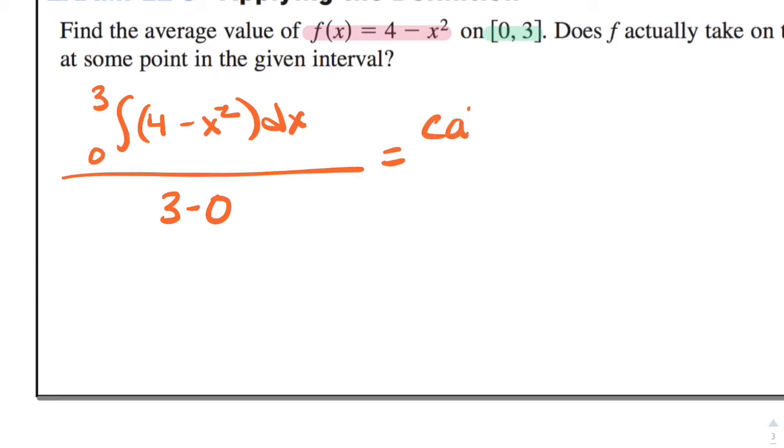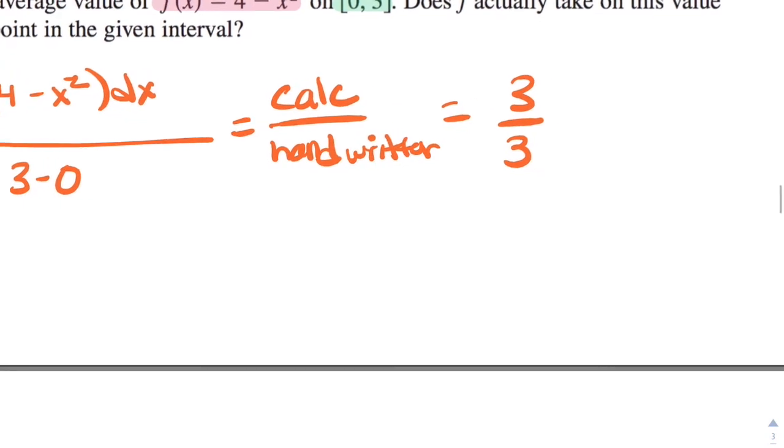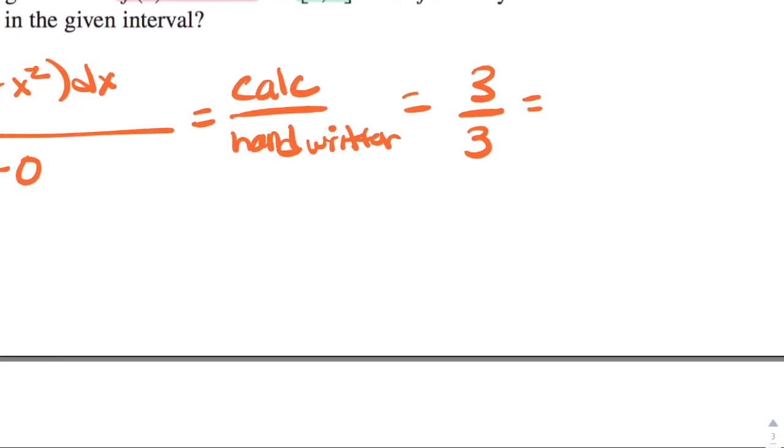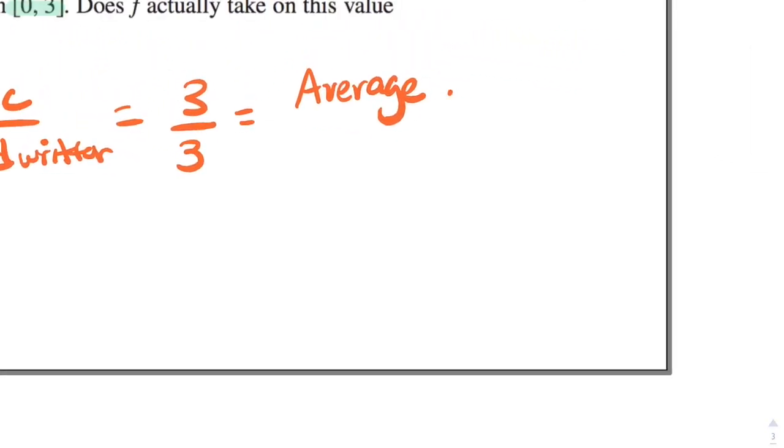So this is the calculator. This is handwritten. We get 3 by the calculator and 3 by 3 minus 0. So we're going to say the average area per unit. My dog is barking again.